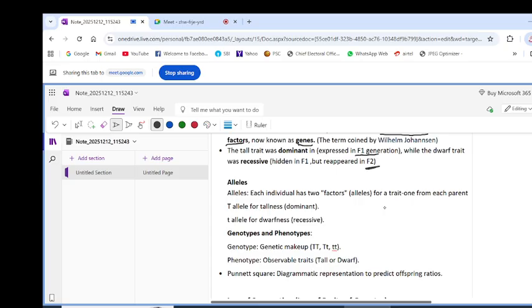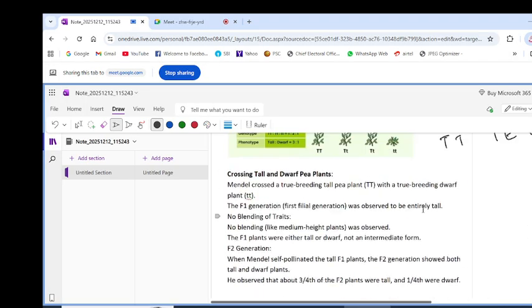Alleles. What is an allele actually? Each individual has two factors for a trait. For example, tallness is a trait, a character. For that, two factors are there, this and this. One comes from each parent, as you can see in the picture.